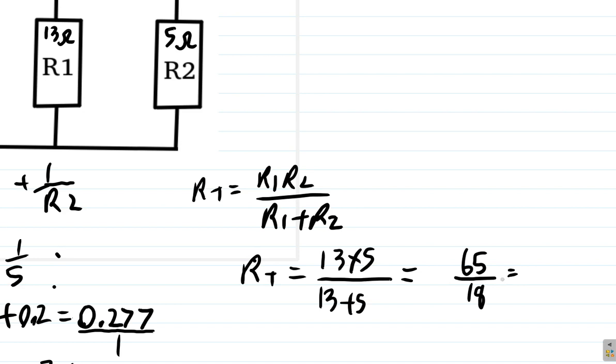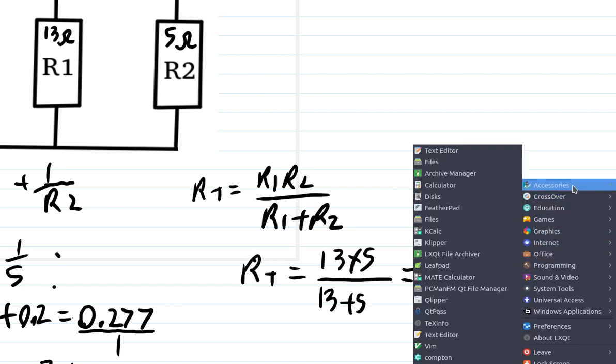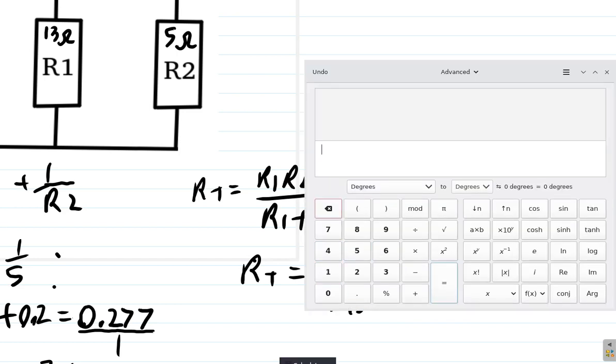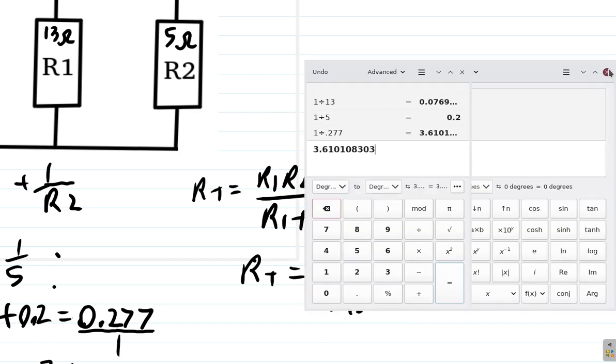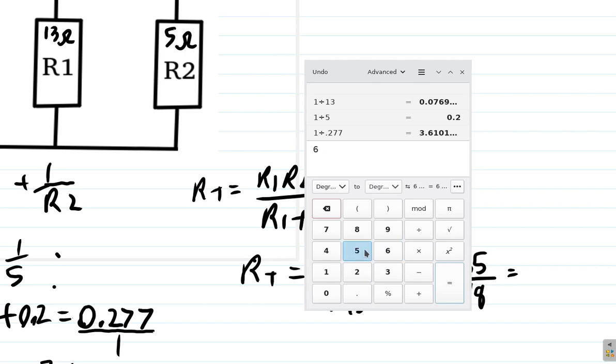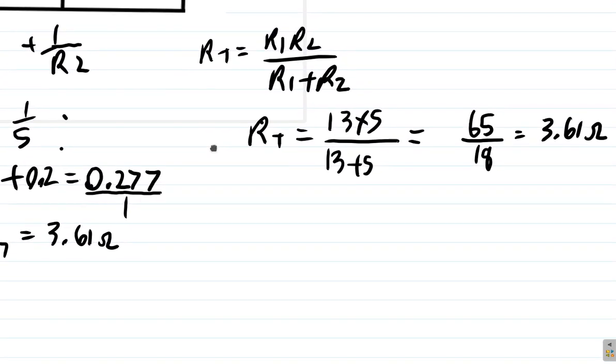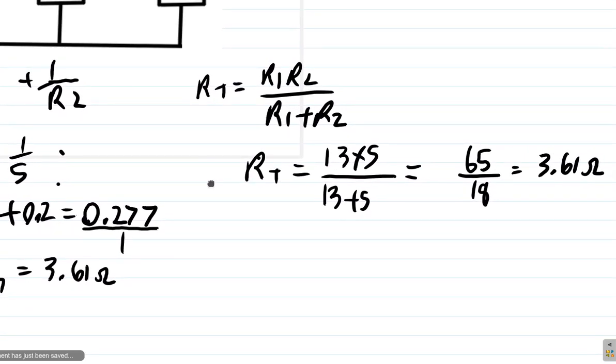We find out what 65 divided by 18 is equal to. 65 over 18 is equal to 3.61 ohms. So we get 3.61 ohms again.